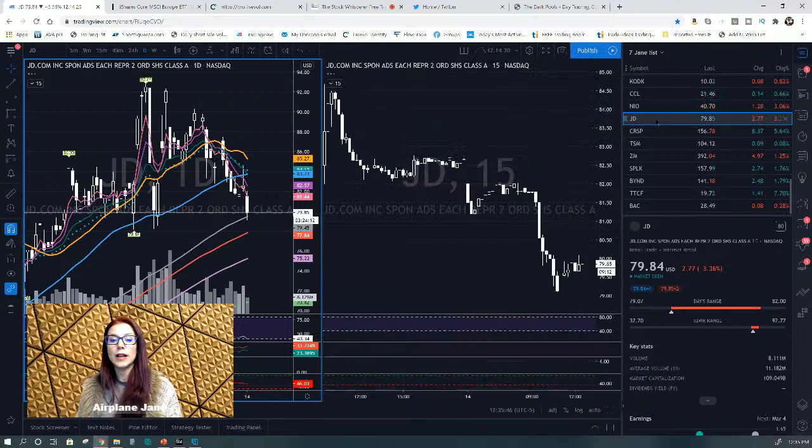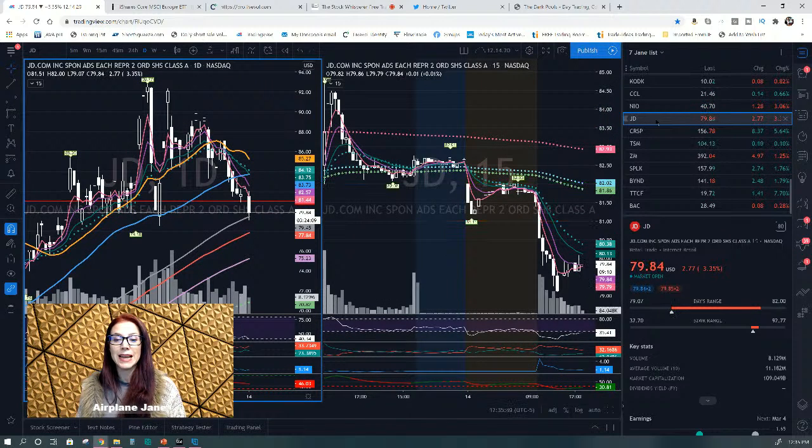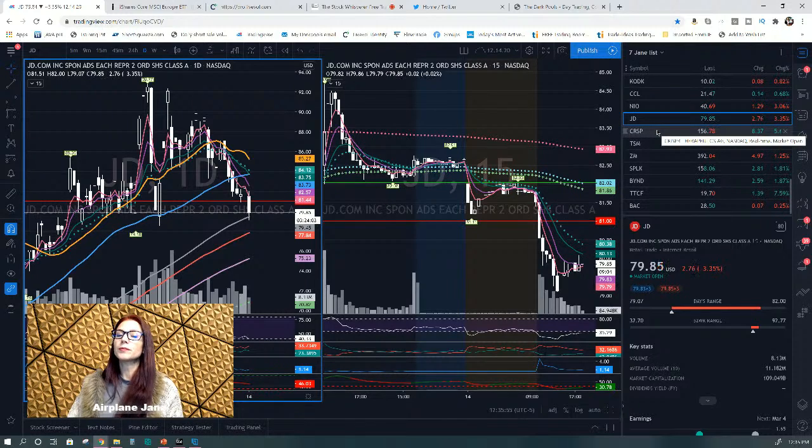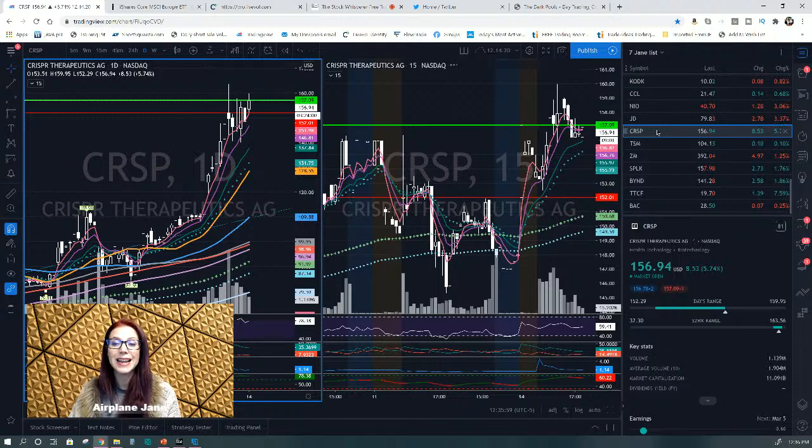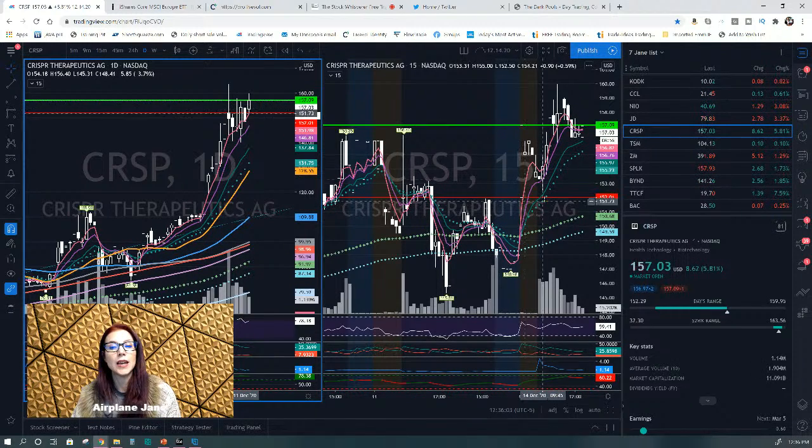JD as well had a big drop down today. Nice short breaking below 81 was the level I had to watch. CRISPR I had as a potential short because it had very low volume that brought it up here today, and then I gave it a wide range. Now CRISPR is a genetic pharmaceutical company, biotech company, and now it did have a nice trade to the long side on it.